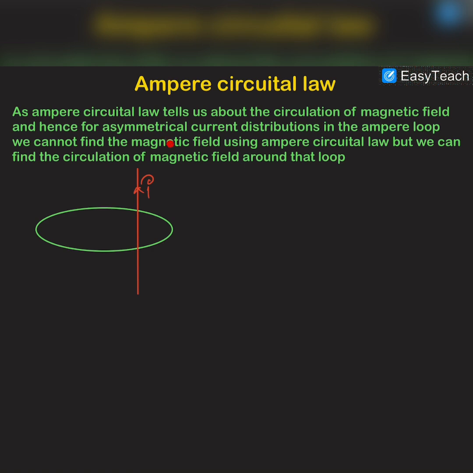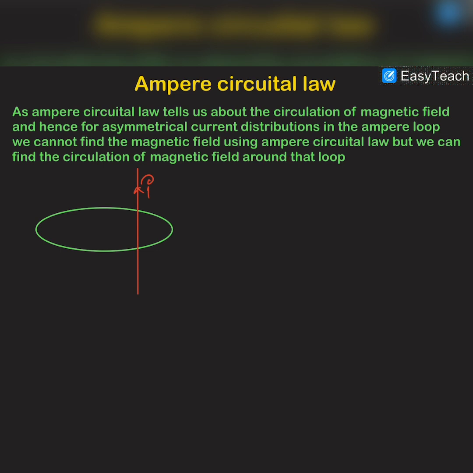Again, this is the same point which I have already stated: Ampere circuital law tells us about the circulation of the magnetic field, and hence for asymmetric current distributions in the Amperian loop we cannot find out the magnetic field using Ampere circuital law, but we can find out the circulation of the magnetic field around that loop.